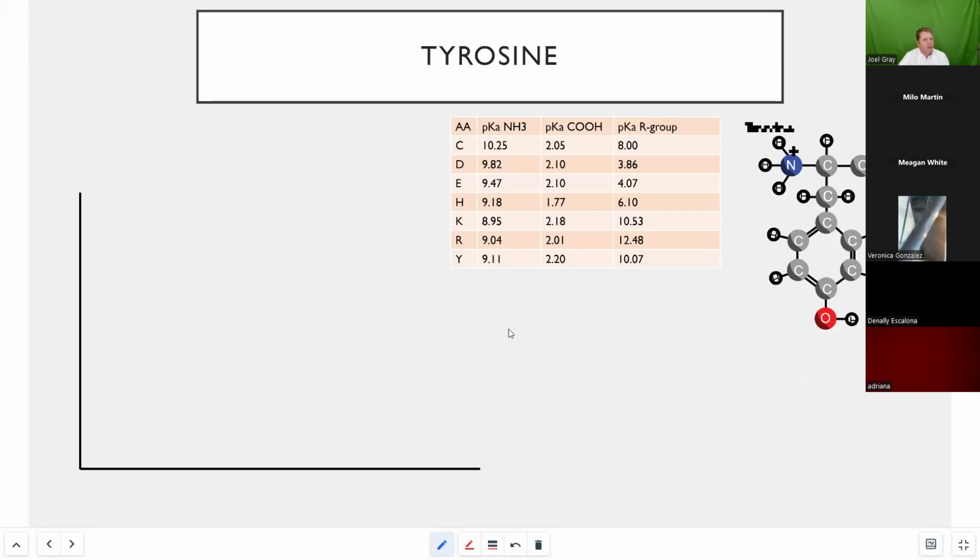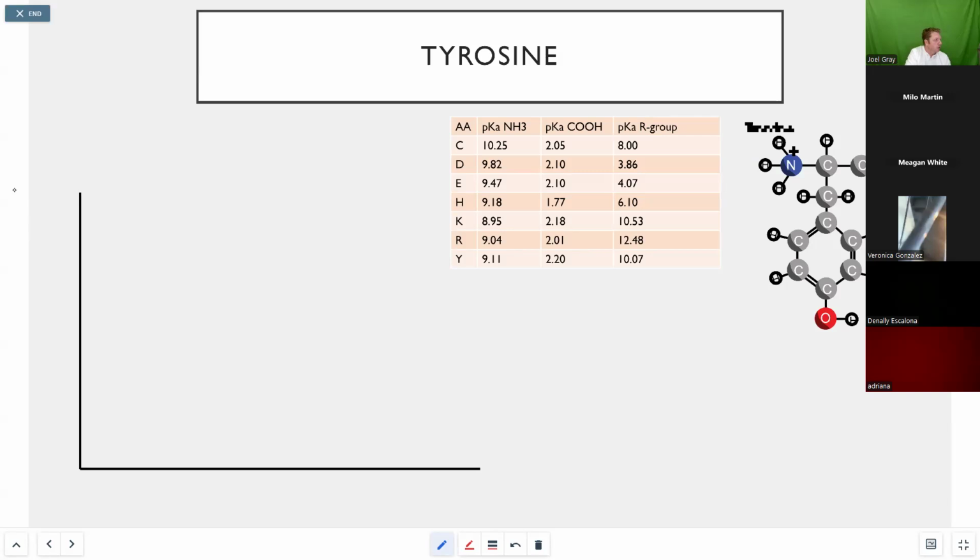Would anyone add to the chat, if this is my fully protonated form, what are the possible charges for the amino acid tyrosine? Plus one? Absolutely right. So could tyrosine ever be plus 2? Nope. Could it ever be minus 3? Nope.